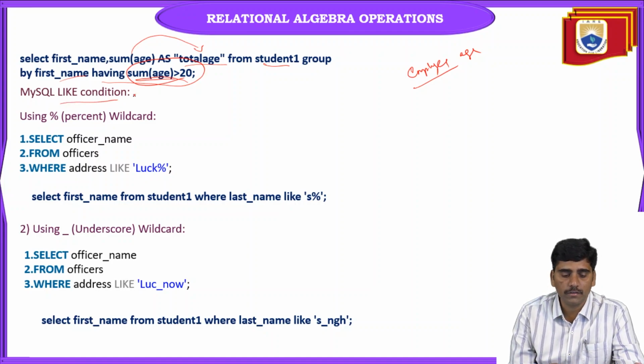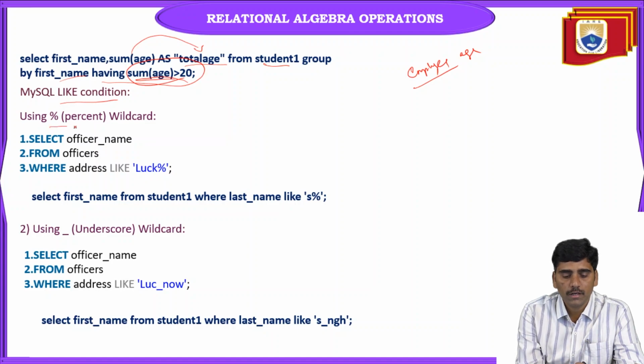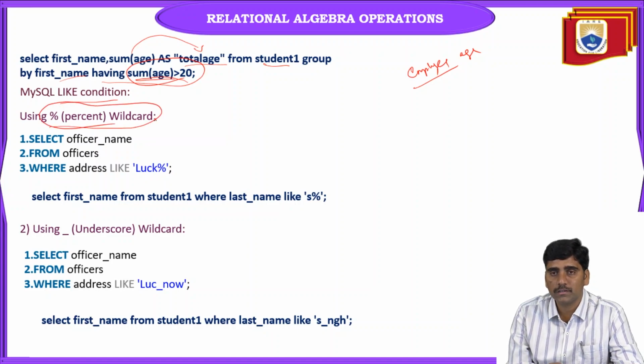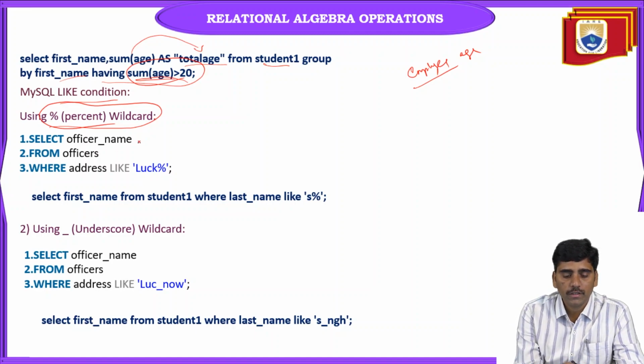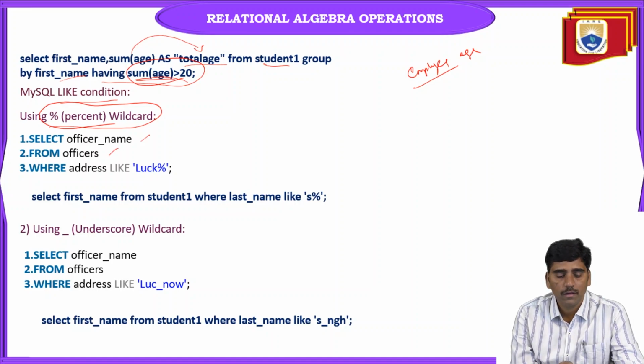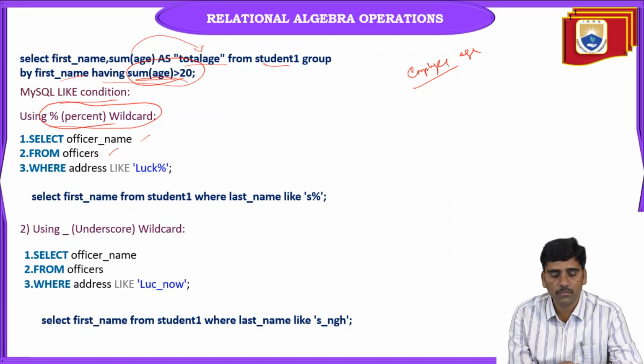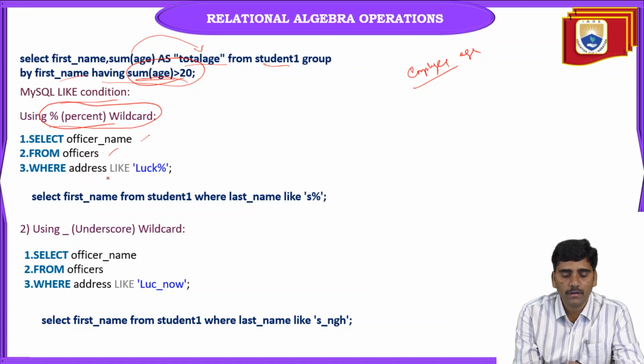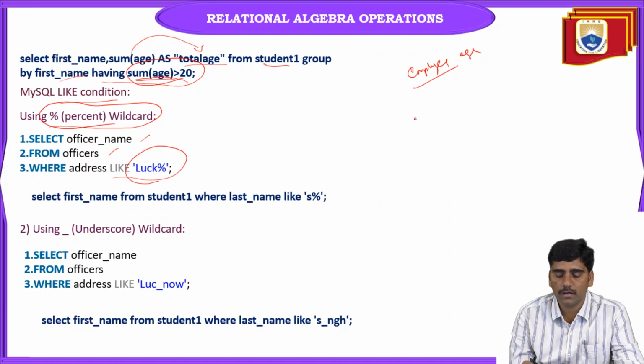MySQL like condition. Using percentile, here percentile indicates a wildcard. So select officer name from officers. Officer name I want to display from which table? Officers table, where address like luck percentile. That means the address contains Lucknow or Lucky.